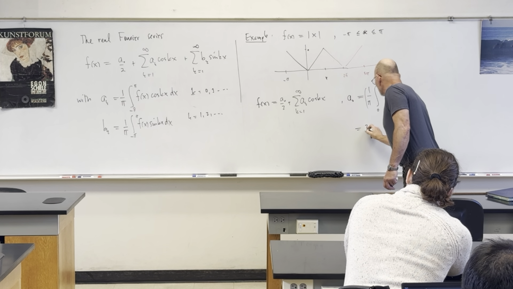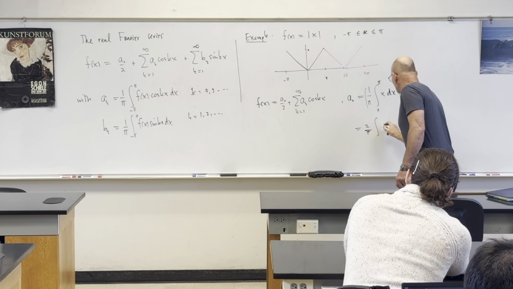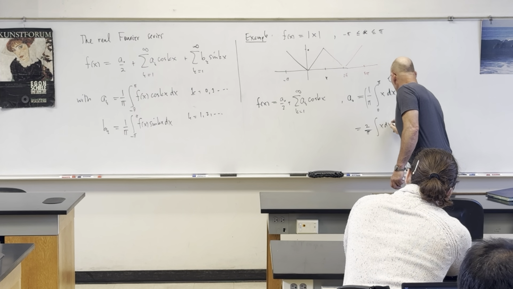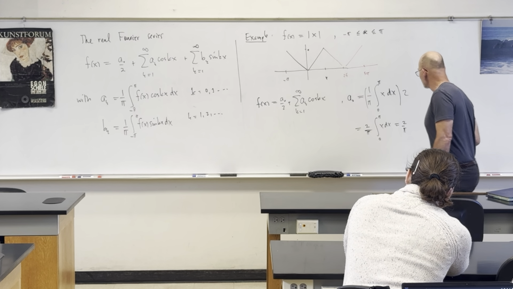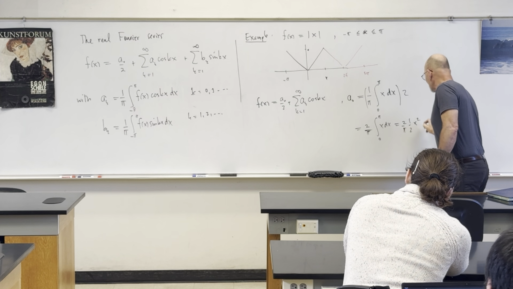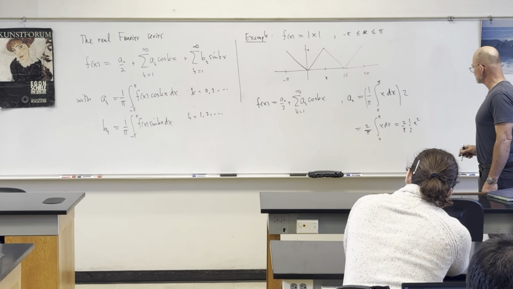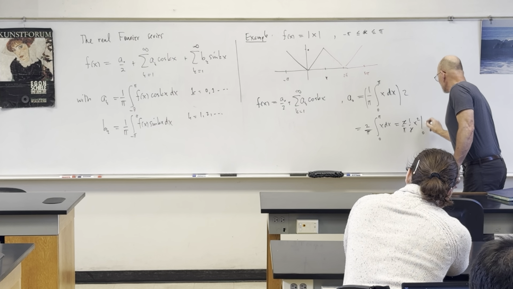So we have 2 over pi, and then we've got the integral of x dx from 0 to pi. 2 over pi times 1/2 x squared, from 0 to pi.